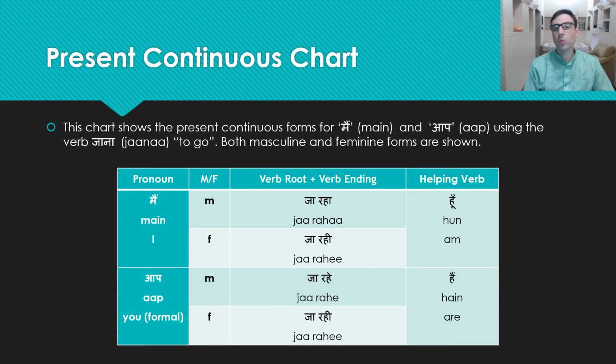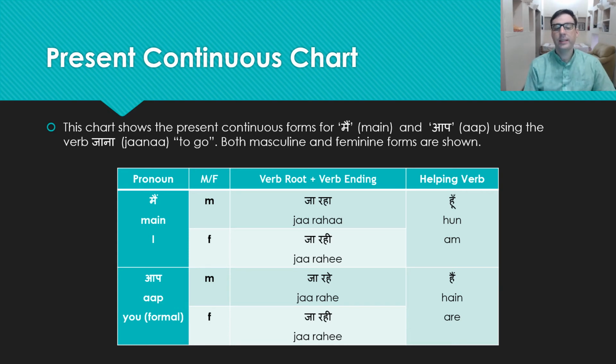So we just walked through this tense with the pronoun main. Main ja raha hoon, I am going. Main ja rahi hoon, I am going, speaking as a female. Now, if I were speaking to a man, I would say आप जा रहे हैं, you are going. And if I were speaking to a female, I would say आप जा रही हैं, you are going.